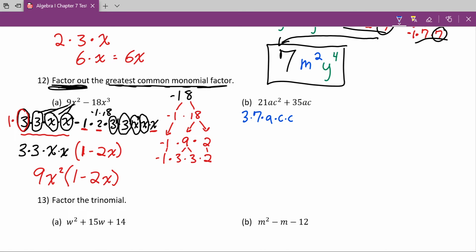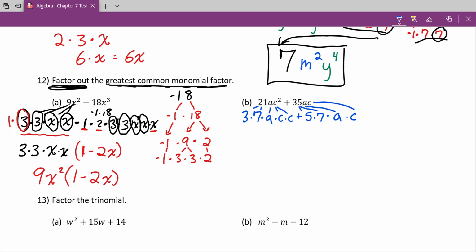So 21 breaks down to 3 times 7. The a gets carried down. C squared gets broken down to c times c. 35, I know, is actually 5 times 7. And then the a and c both get carried down.